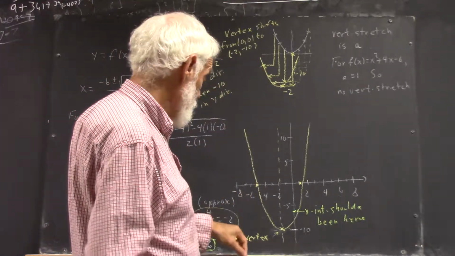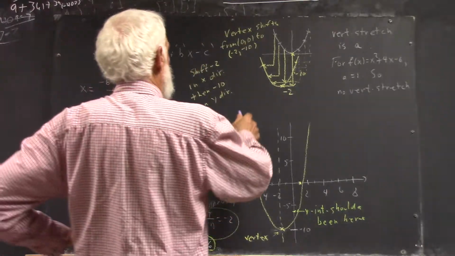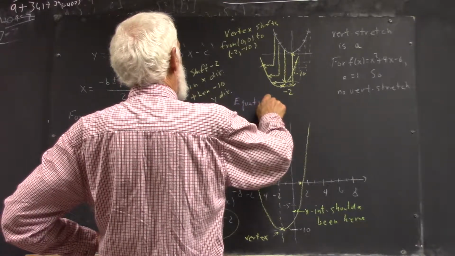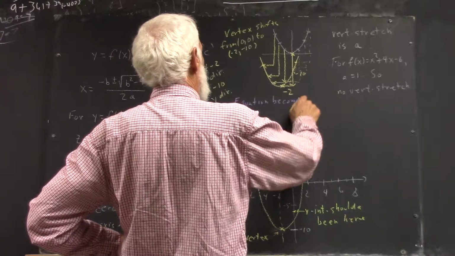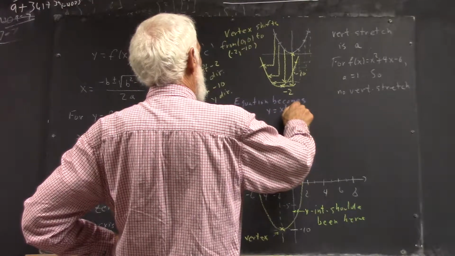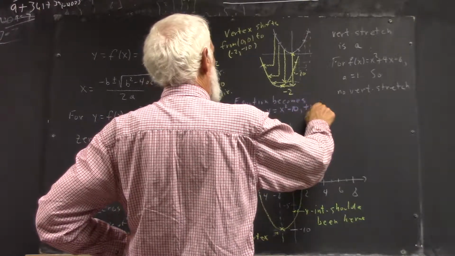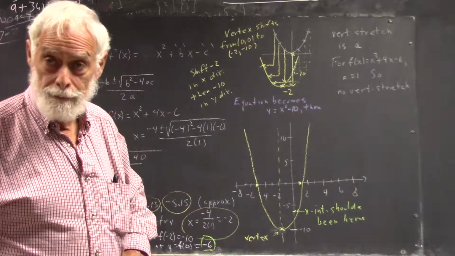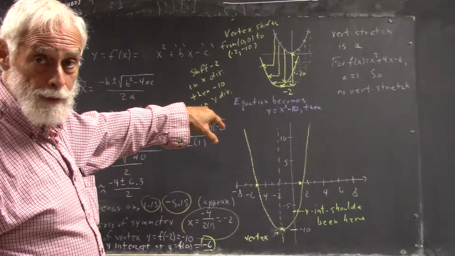And, importantly, the equation becomes y equals x squared minus 10 from the vertical shift.